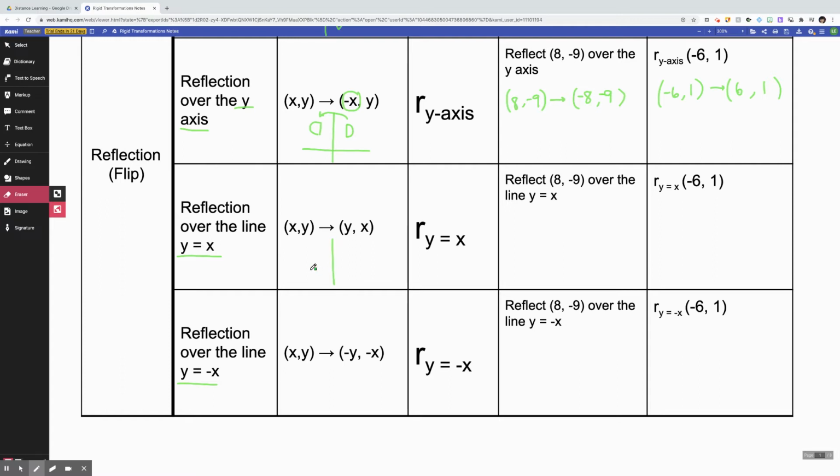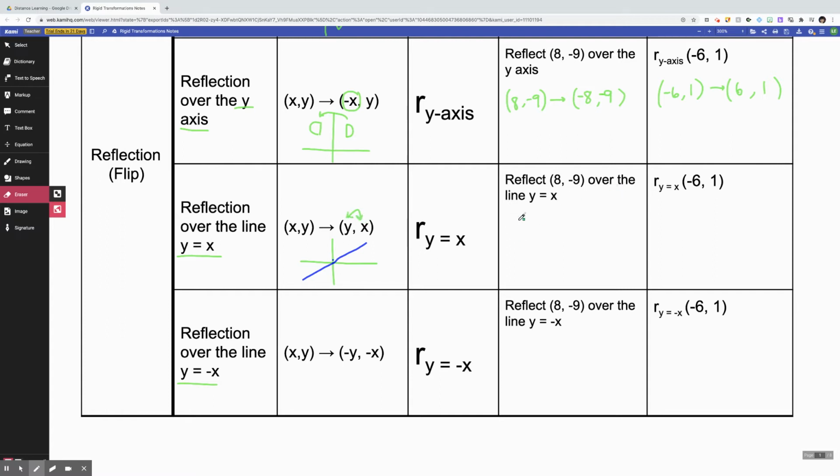The line y equals x looks like this, so it literally just goes straight through on a diagonal, okay? The rule for a reflection over the line y equals x is you just switch your x and your y values. You're literally just swapping them, swapping their order, okay?